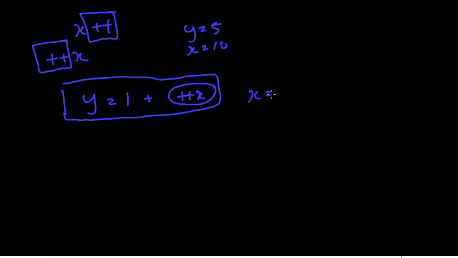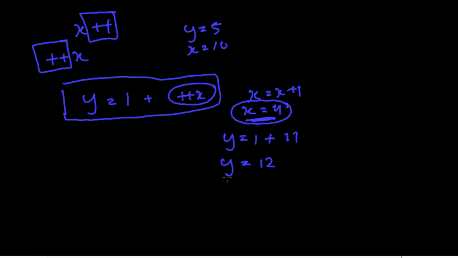Now we'll do the math here. So x equals x plus 1, x is 10, so now x is 11. Now next here, let's look at y. y equals 1 plus this whole expression. This expression will give us an output of 11. So 1 plus 11, y equals 12.